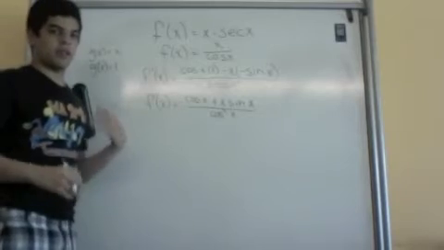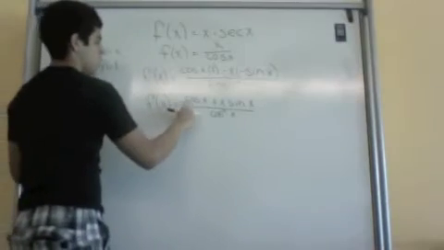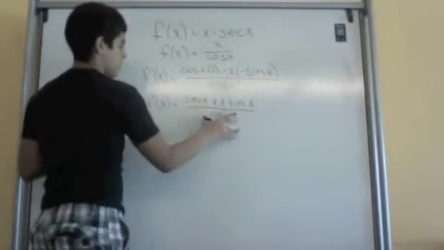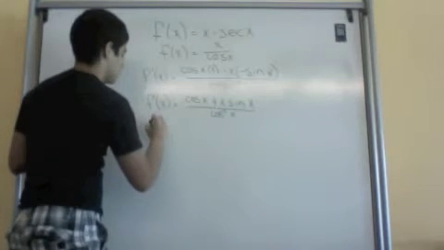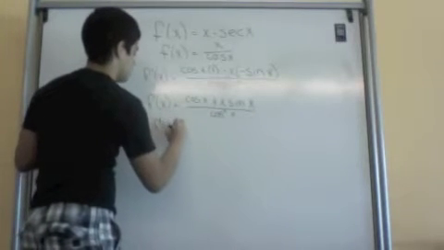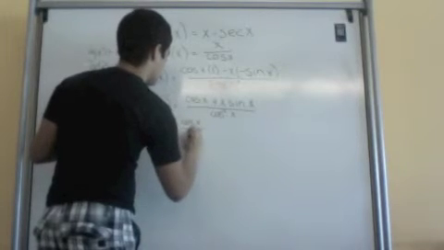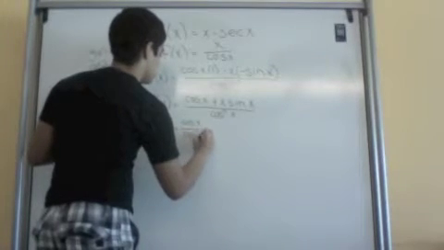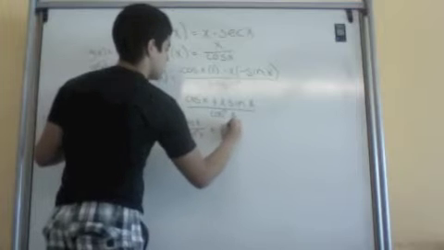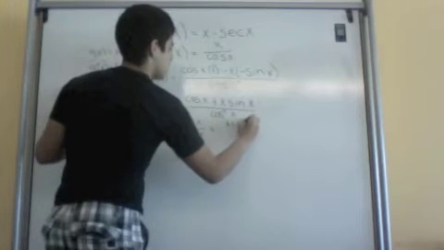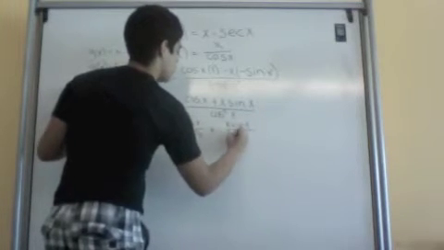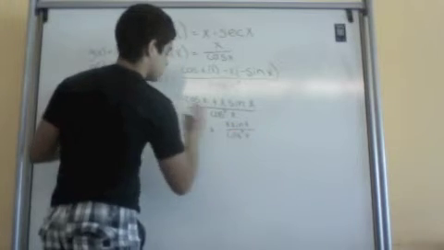So you can simplify this even more, because when you separate this, you have f prime of x is equal to cosine of x over cosine squared of x plus x sine of x over cosine squared of x.